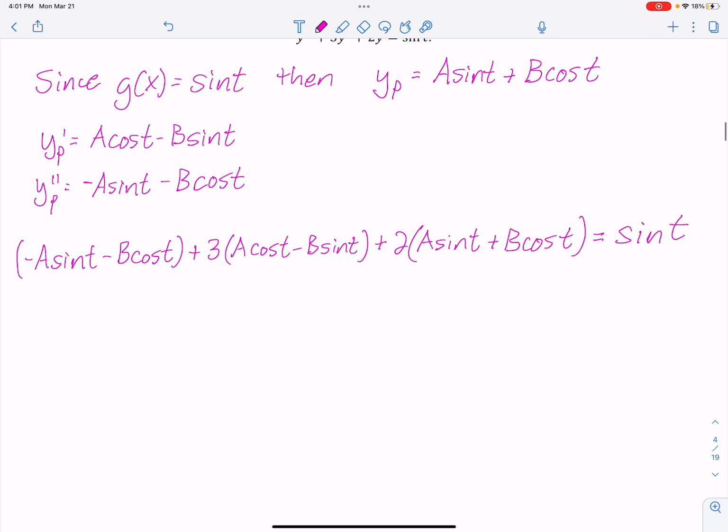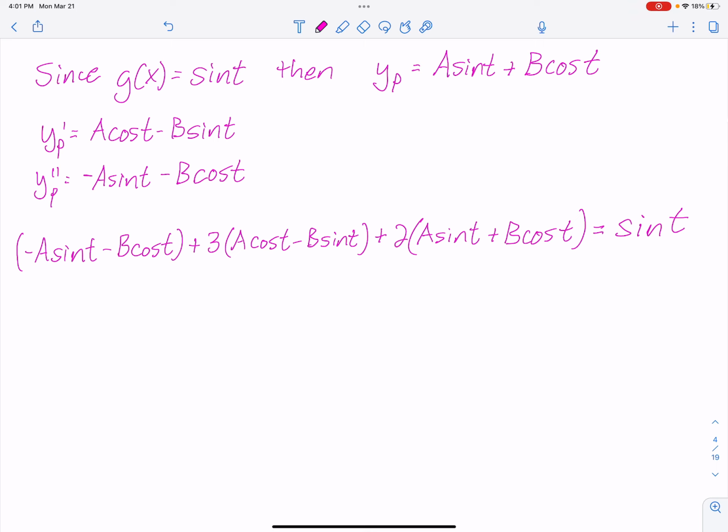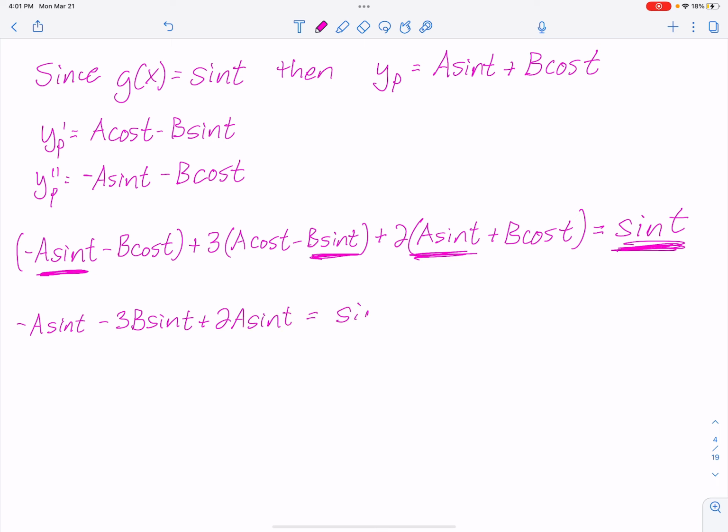So looking at this giant equation, we have sines and cosines. Regardless of what a and b are, those sines and cosines are still going to remain sines and cosines. But I want to end up over here with just my sine, so I'm only going to pick up the sines. I don't care about the cosines for now. So I get negative a sine t minus 3b sine t plus 2a sine t, and that equals 1 sine t.